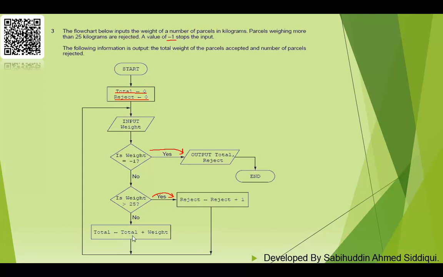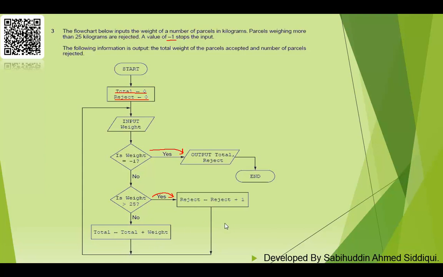So you use a total variable in which you add the received weights. Let's suppose 1 kg, 2 kg, 18 kg, 25 kg, 27 kg. These values will be stored when they are input. If a weight is greater than 25 kilograms, then it will not be part of the total.